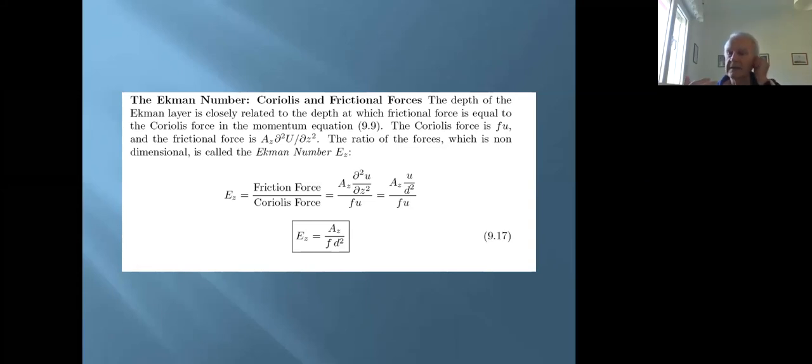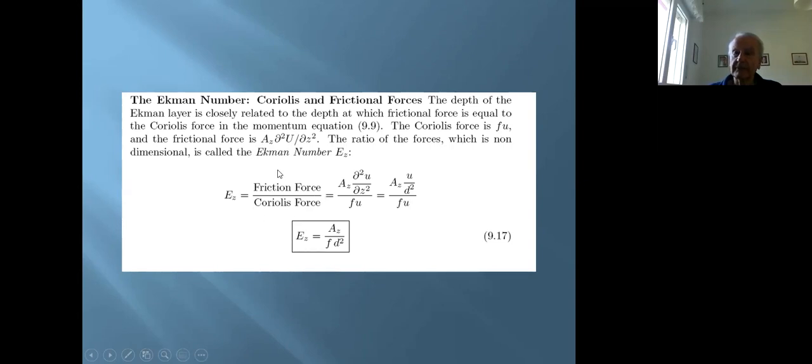And this non-dimensional number is obtained as a ratio between the frictional force and the Coriolis force. So this is the Ekman number.